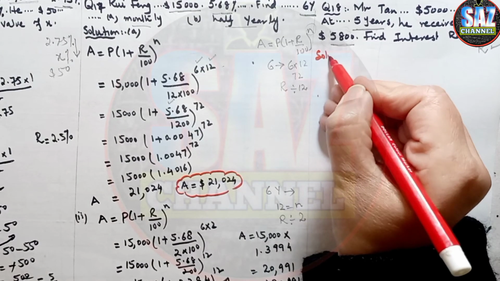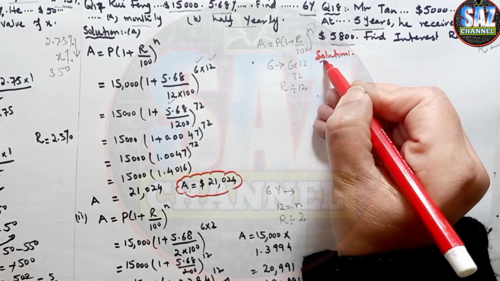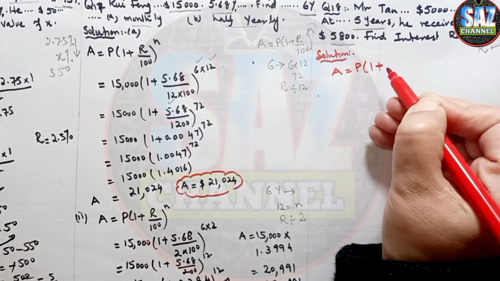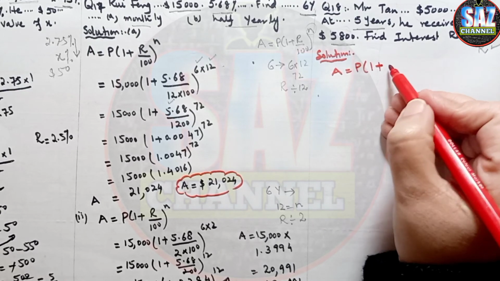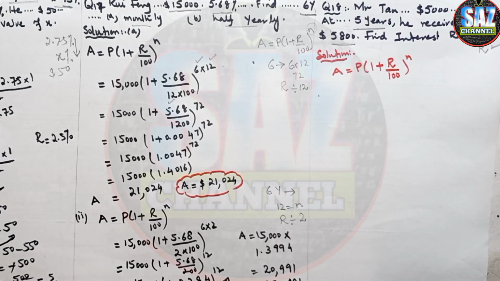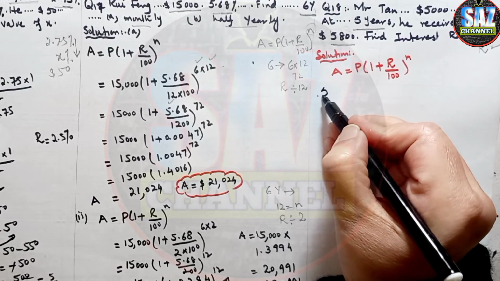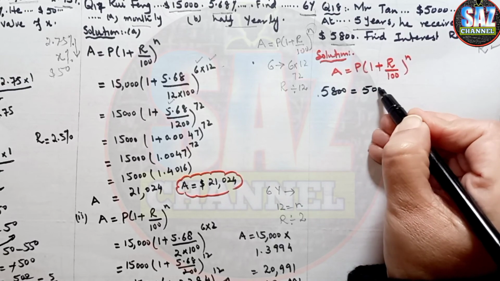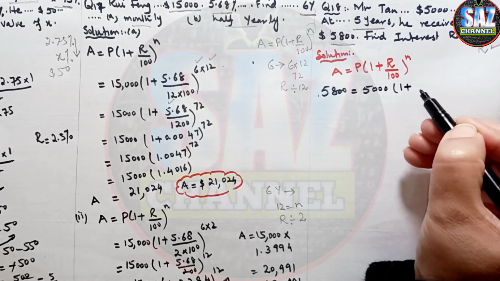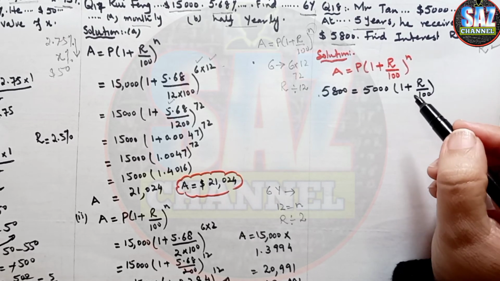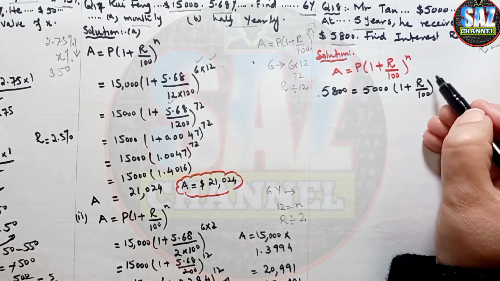We know the formula for compound interest is amount equals principal into 1 plus r over 100 raised to power of n. Now the amount given in the question is 5,800. So 5,800 equals principal 5,000 times 1 plus the rate we have to find upon 100, and n is 5, at the end of 5 years.